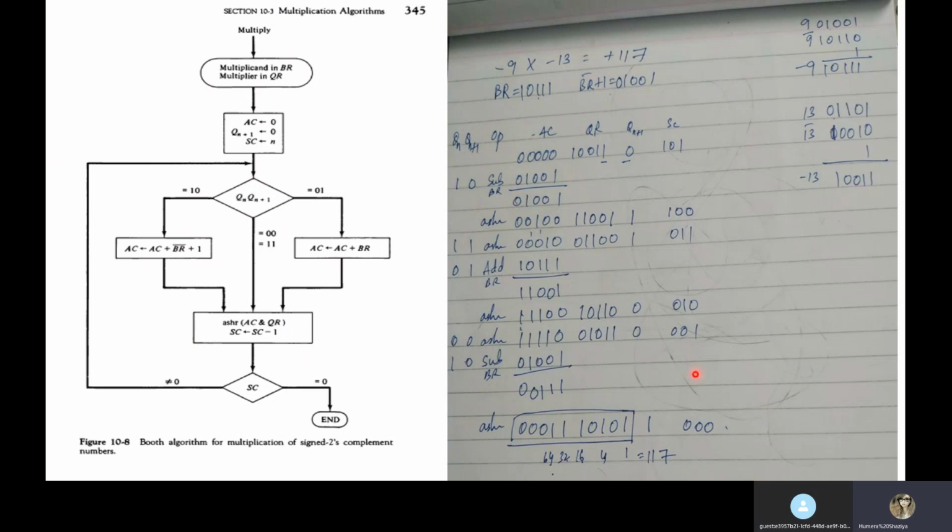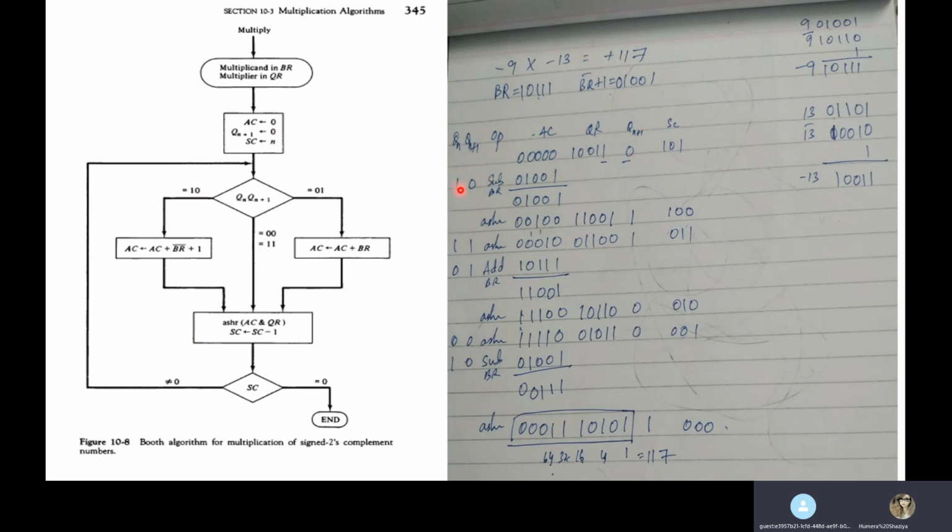Look at this example. AC is all zeros, QR is the multiplier, which is minus 13. Qn plus 1 initially is 0, because you have initialized Qn plus 1 to 0.